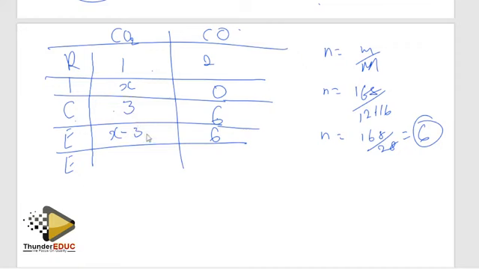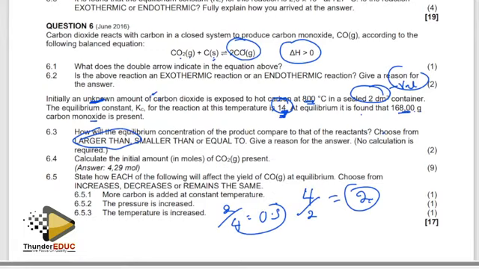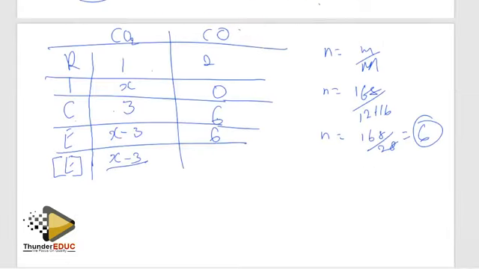You understand? So now this is the concentration. So the concentration at equilibrium is gonna be X minus 3 divided by the volume. The volume I talked about, this meter cubed, which is 2, and then 6 divided by 2. So it's gonna be here 3.